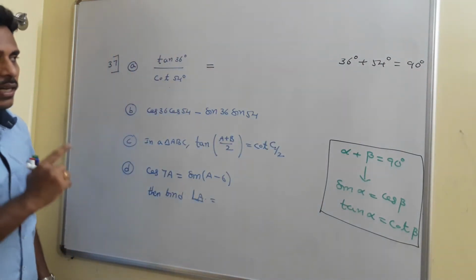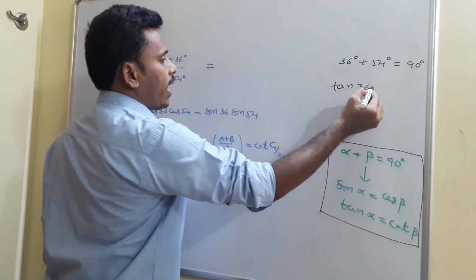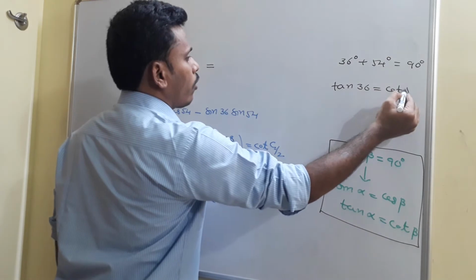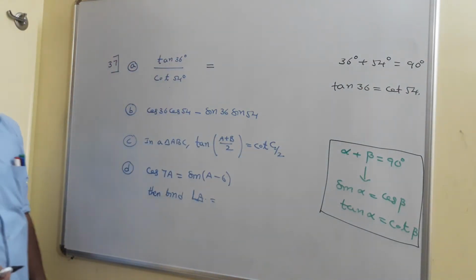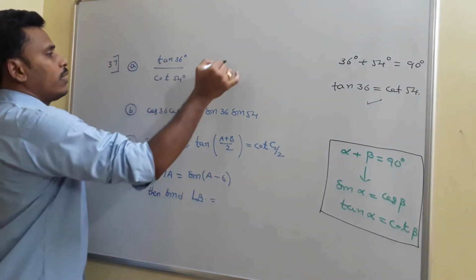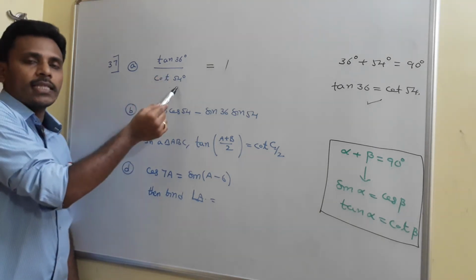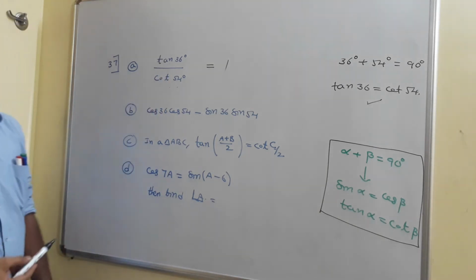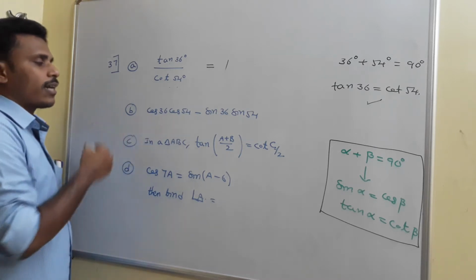Since 36 plus 54 is 90, then for sure tan of one angle is equal to the cot of the other angle. In the sense, tan 36 degrees is equal to cot 54 degrees, and from there this value is 1. Very clear, okay? Since the sum of the angles is 90, automatically you will get the result as 1. There ends the first problem. Now look at the second problem.